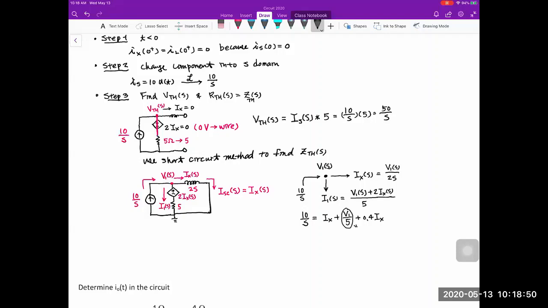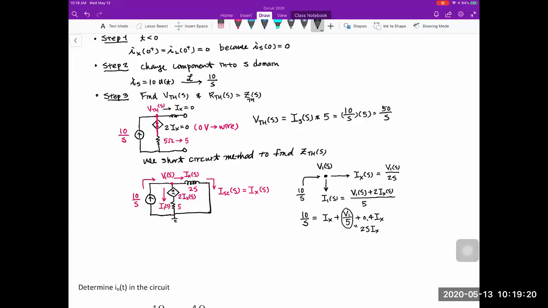That's equal to, so the V1 will be 2S Ix. Another way you can do it is to replace the Ix with the Vs. That might be the thing we can do, but either way should give you the solution.